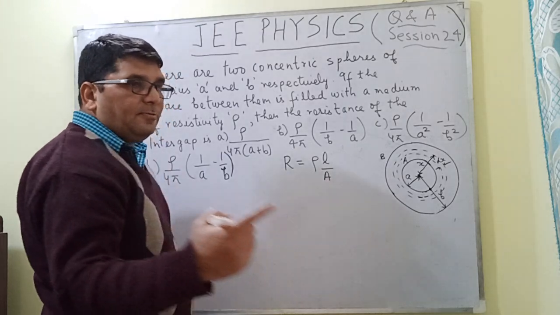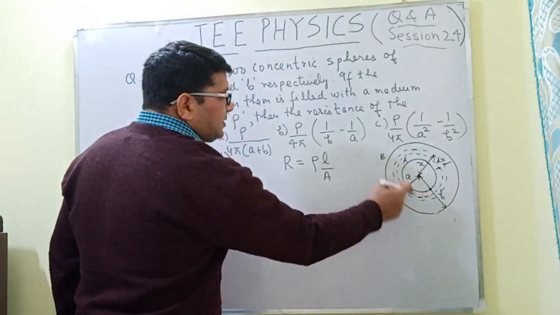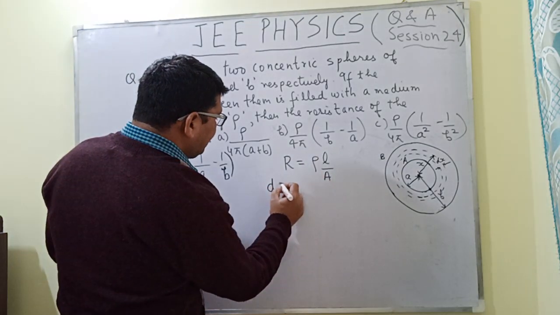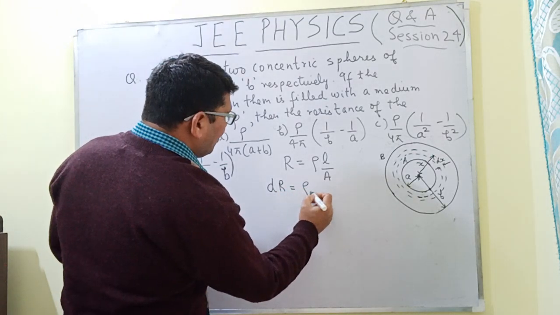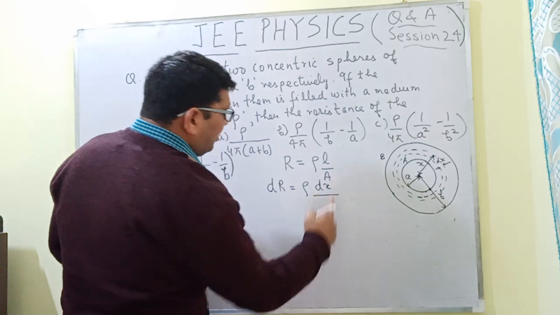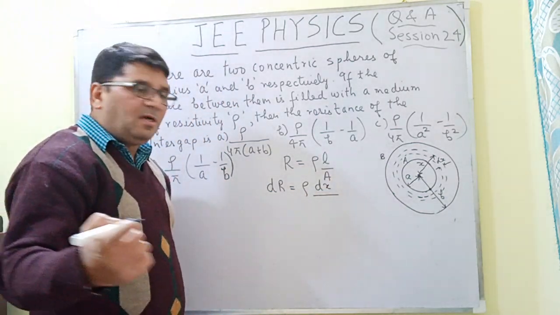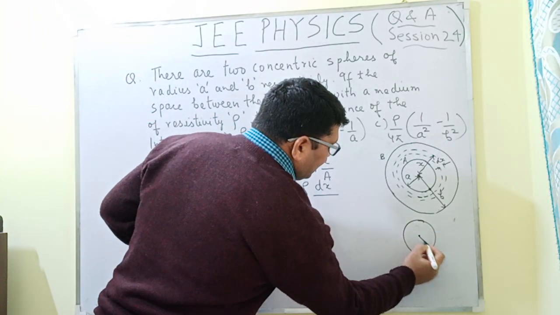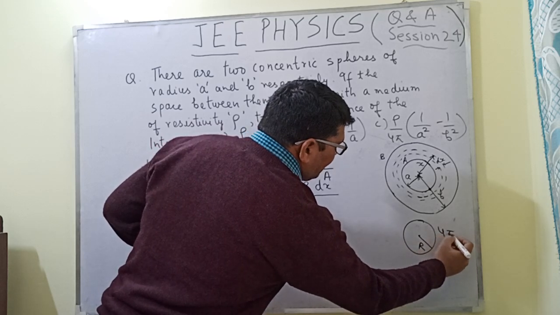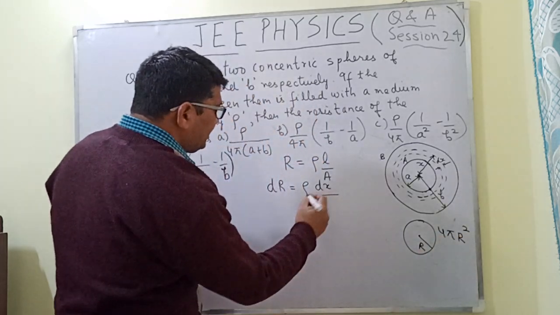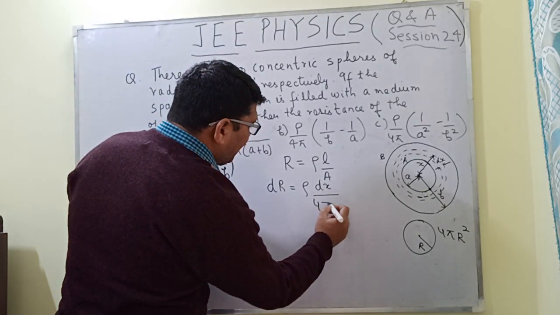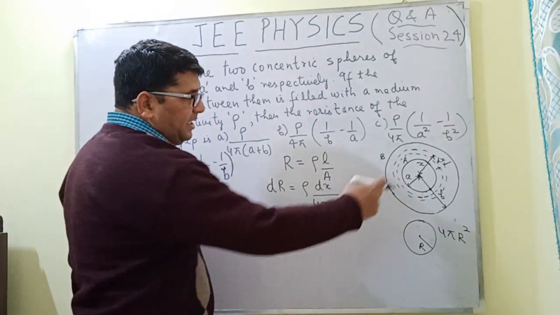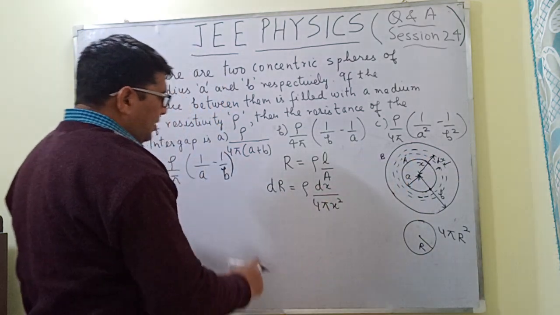So the resistance of this concentric sphere of radius x can be written as dR = rho dx upon A. Now the surface area of a sphere, if it has a radius r, is equal to 4 pi r square. So in this case, A will be equal to 4 pi x square, because the radius which I have considered is equal to x.